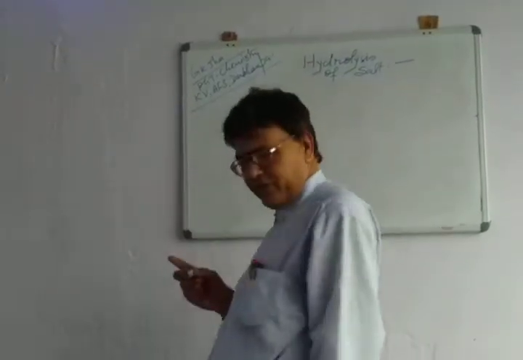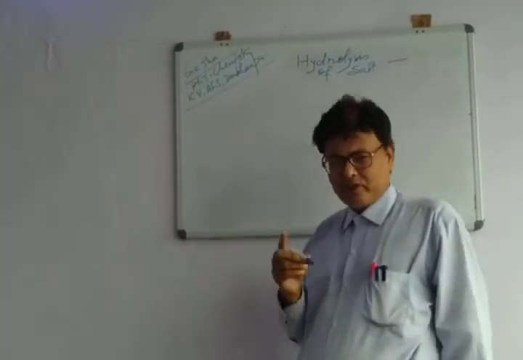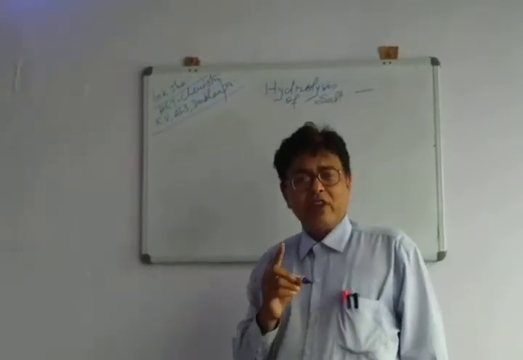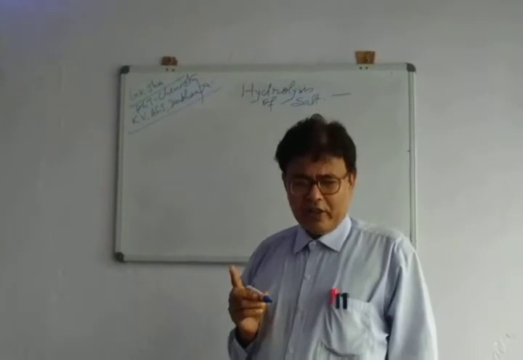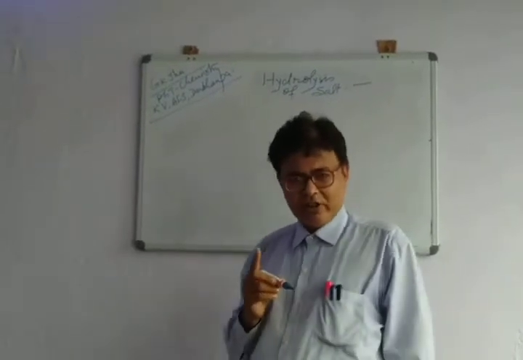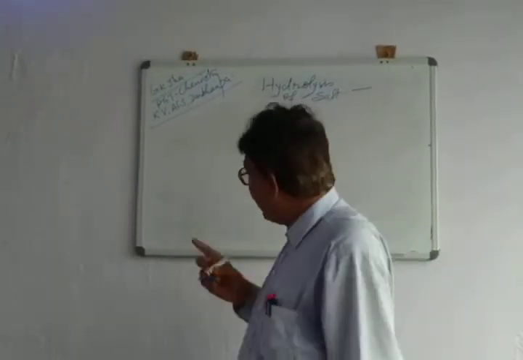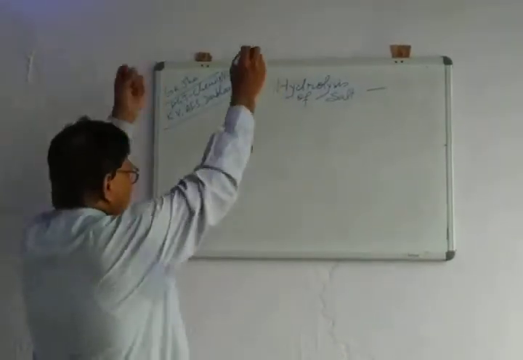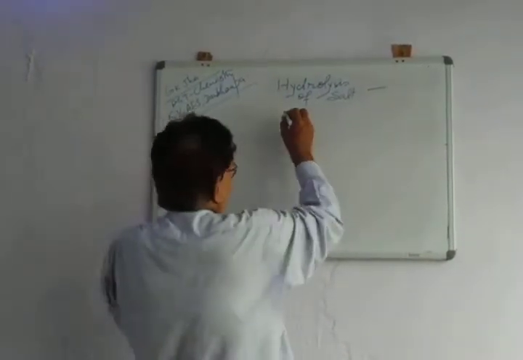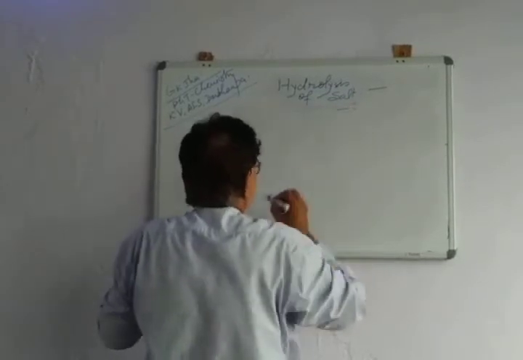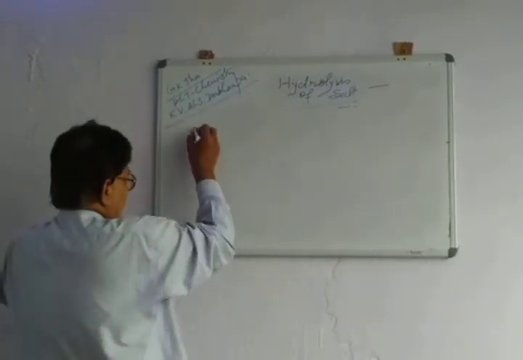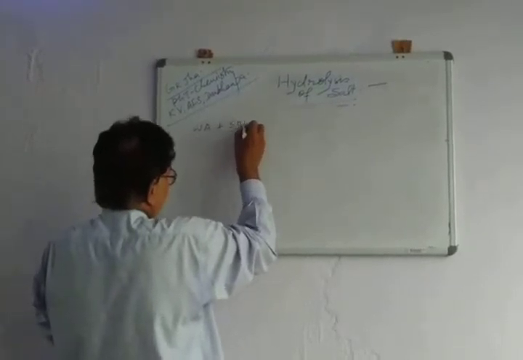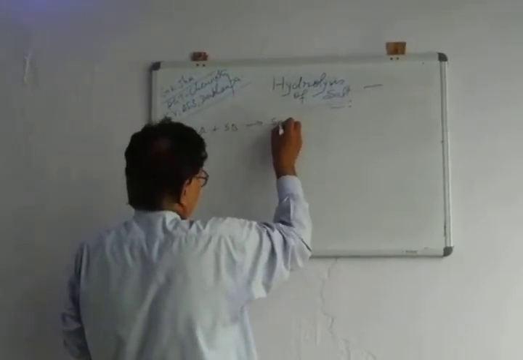Now, what is hydrolysis? Hydrolysis is just the opposite reaction to that of neutralization. That is, the reverse process of the neutralization reaction is hydrolysis. Just to understand, let's consider a weak acid and a strong base to give salt.